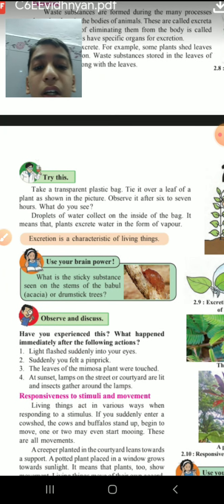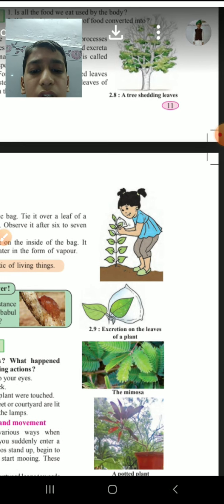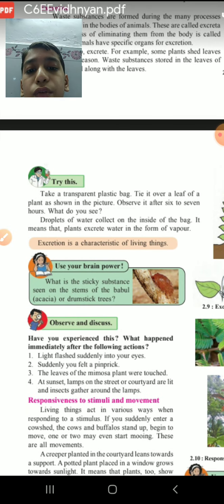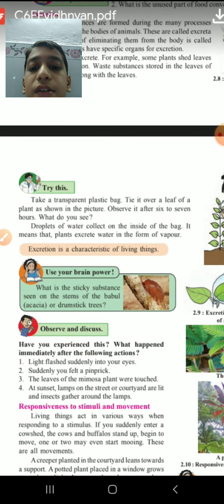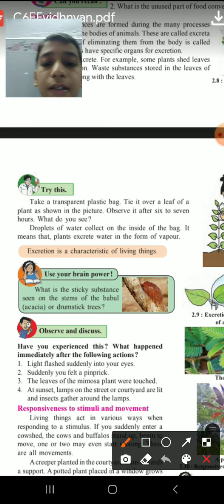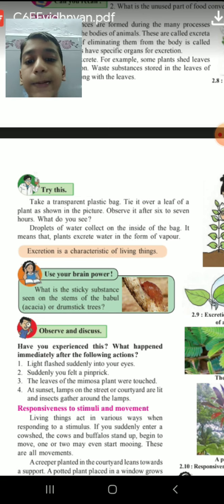Observe it after 6 to 7 hours. What do you see? Droplets of water collect on the inside of the bag. It means that plants excrete water in the form of vapor. Excretion is a characteristic of living things.